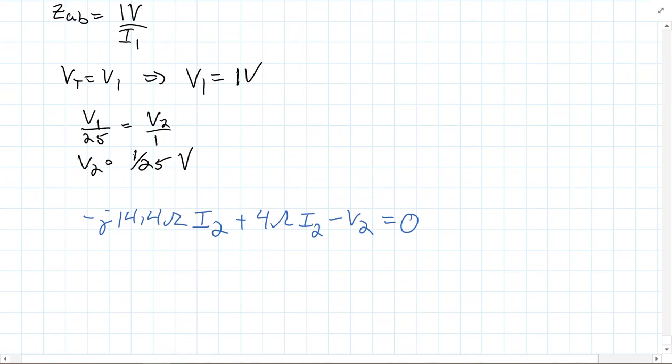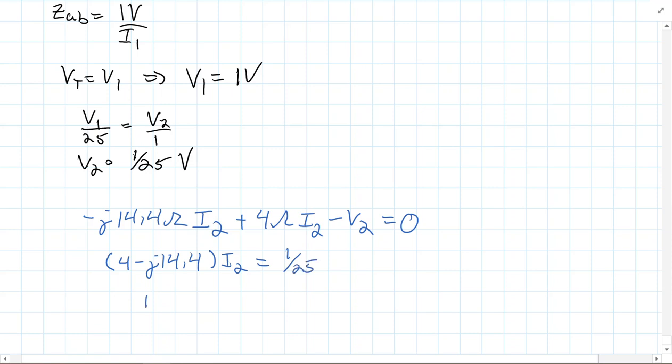But then, let's think about this. I know what V2 is, so I wind up with (4 minus j14.4) times I2 is equal to V2, and I'll just erase the V2 because that's equal to 1 over 25.